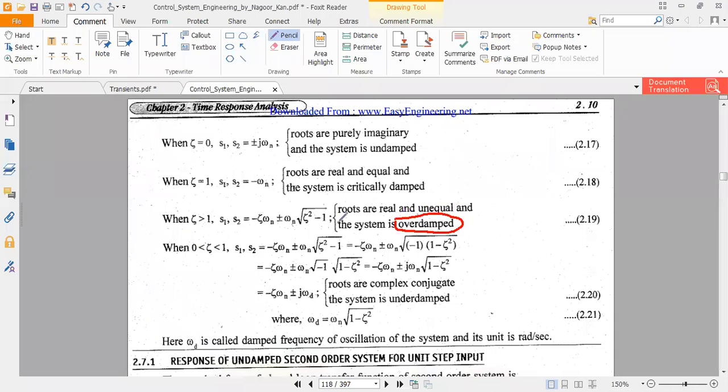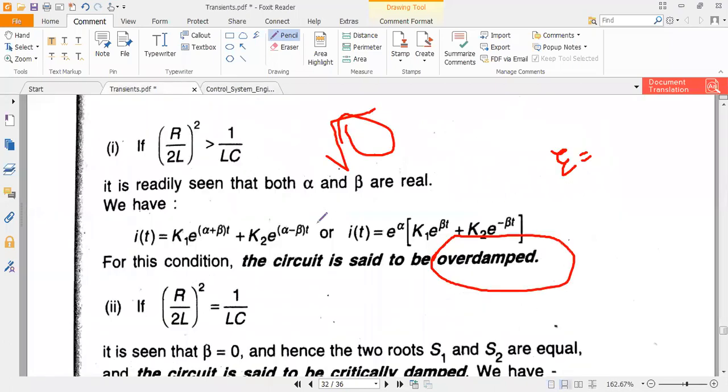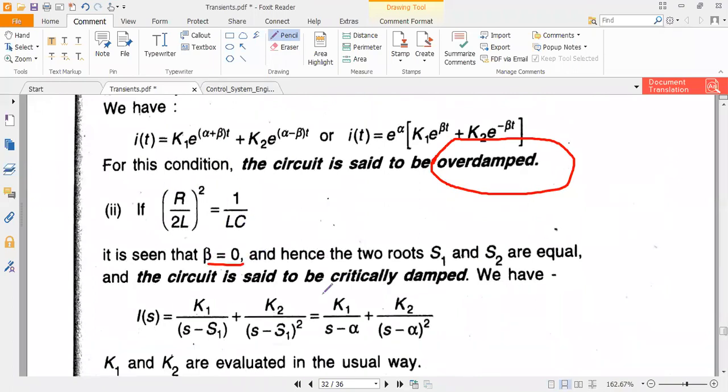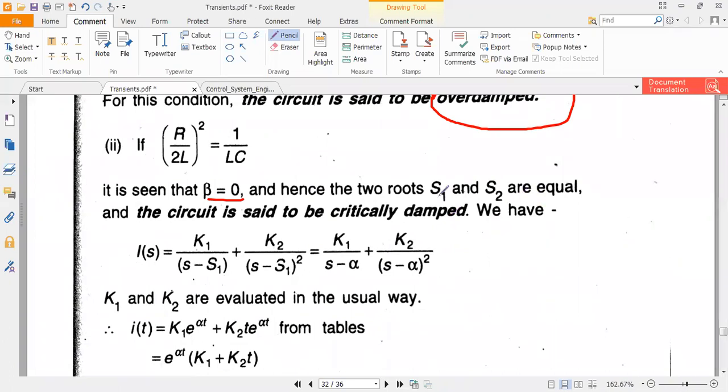So based on the roots you can also say what kind of system it is, whether overdamped or underdamped. Similarly, take the second case: suppose (R by 2L) whole squared equals 1 by LC. Then the beta value is 0, and the roots are real and equal, because s1 equals alpha and s2 also equals alpha, as beta is 0 in both.